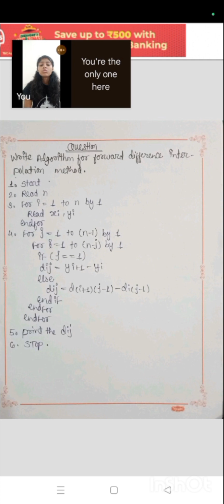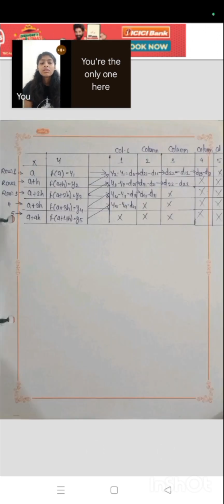So we understand this algorithm, and what we want is dij. We have a forward difference table where we put the x and y values. Here x is equal to a, so y is equal to f of a. In the second row, x is a plus h and y is f of a plus h, equal to y2.